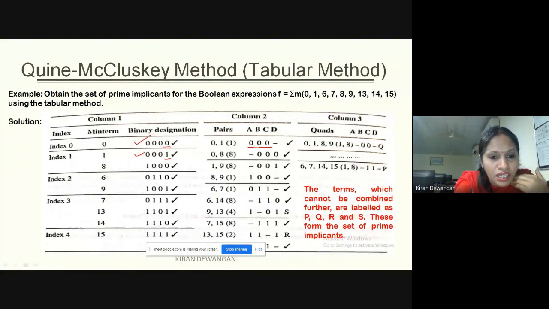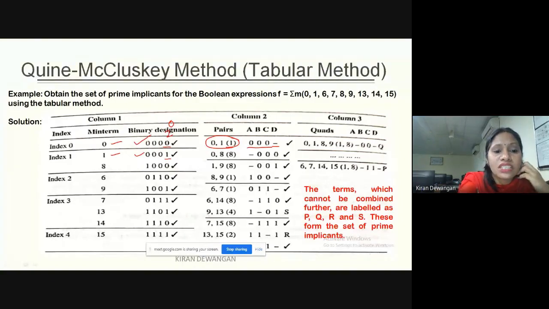And what is differing? The last bit position, that is the rightmost bit position whose binary designation is 2 to the power 0, and hence that is the 1 position, and that will be marked dash. So this is how we are forming a pair. एक pair form हो गया है, minterm 0 और minterm 1 का.